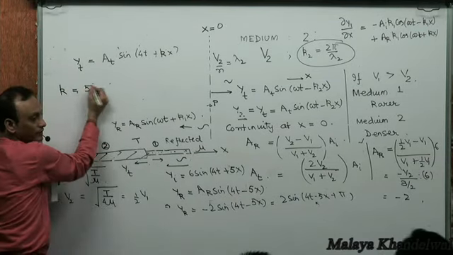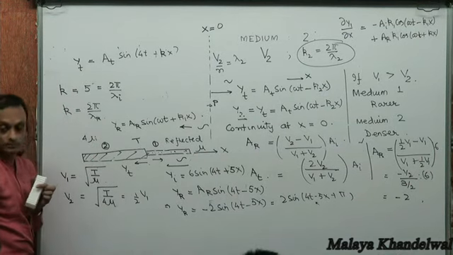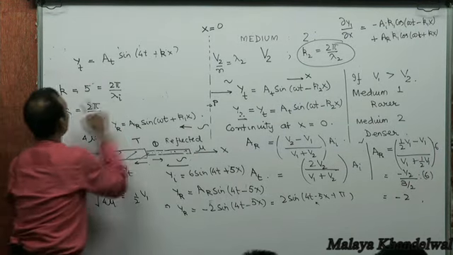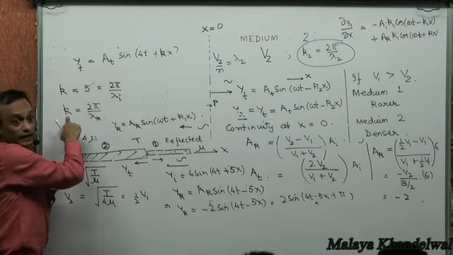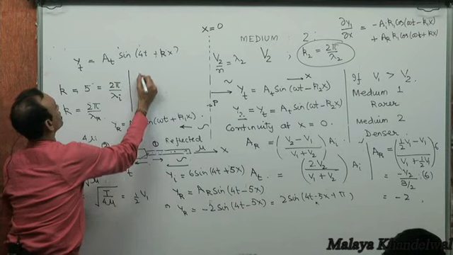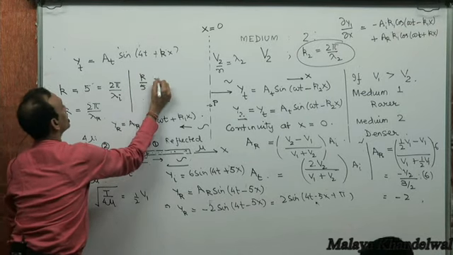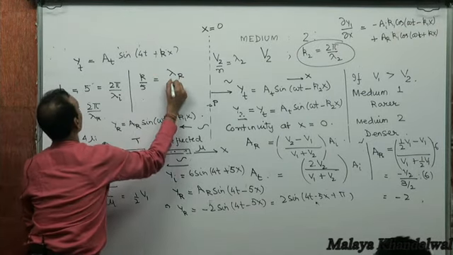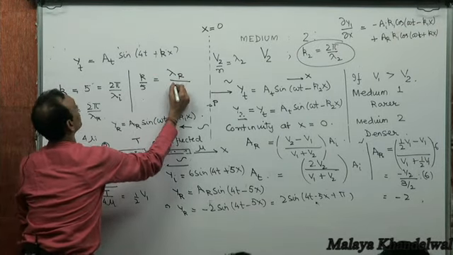All that you need to do is divide this by this: k by 5, where k is the wave number in the transmitted medium, is going to be lambda I divided by lambda r.